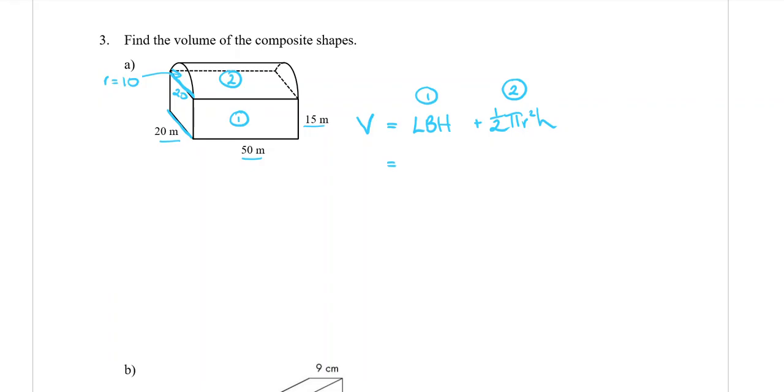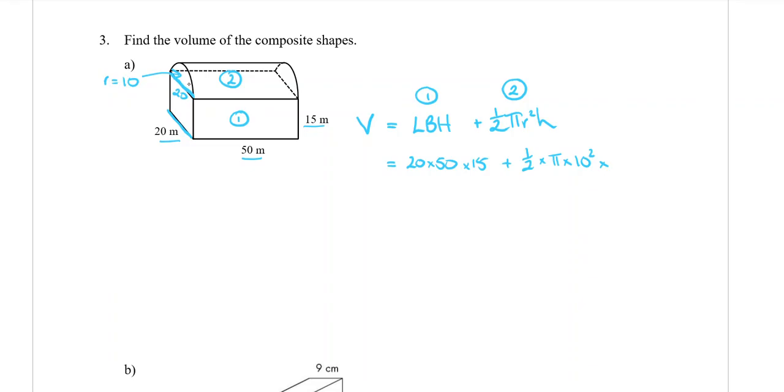All right, let's sub in. For the rectangular prism, length, breadth, and height will be the 20 times the 50 times the 15. Then add to that half times pi times radius squared, which is 10 squared, times the height of the cylinder.